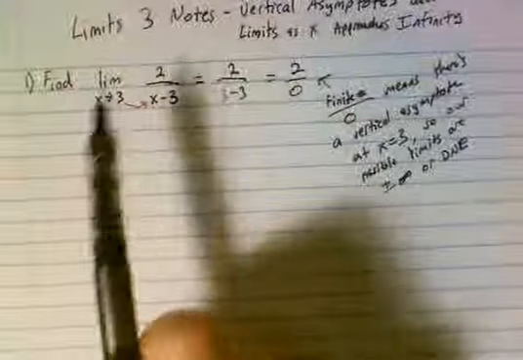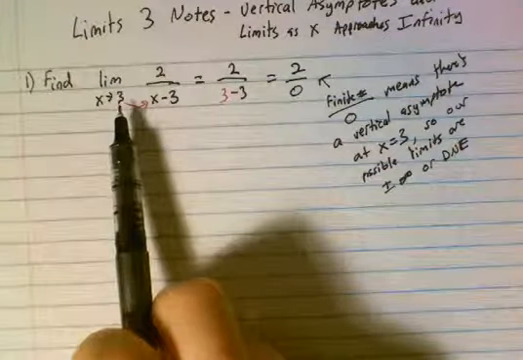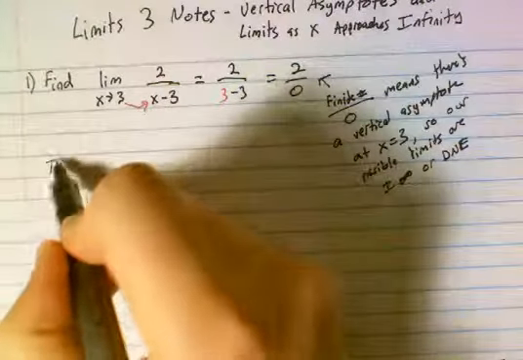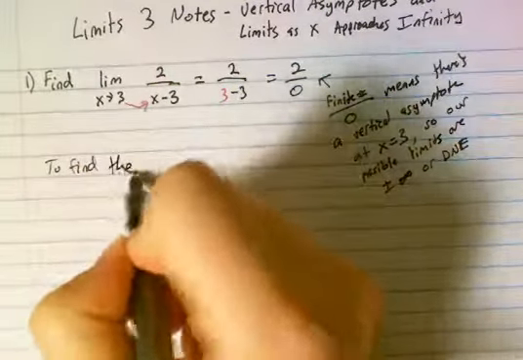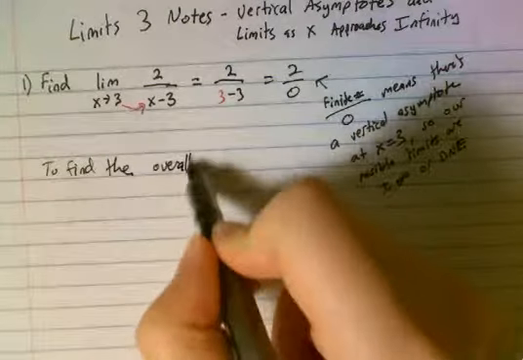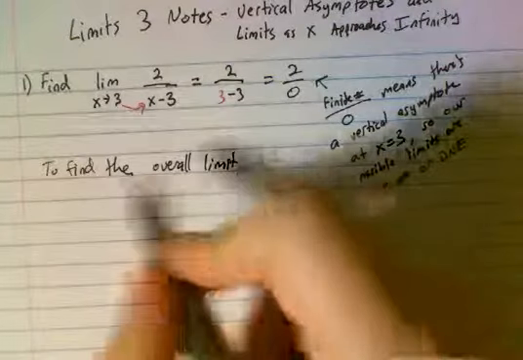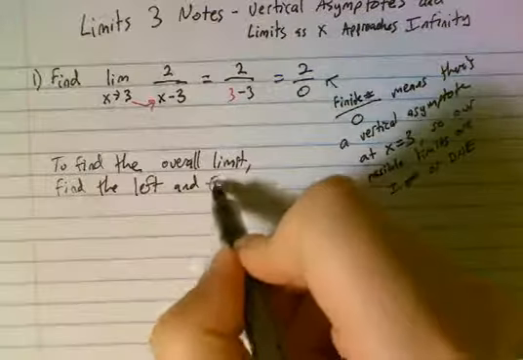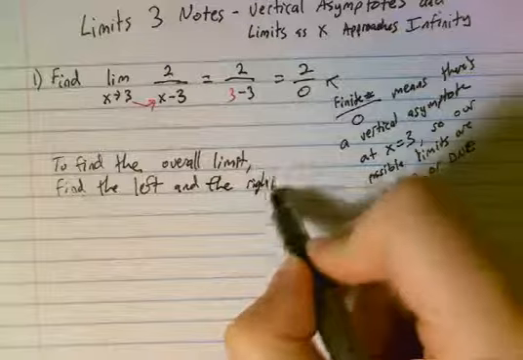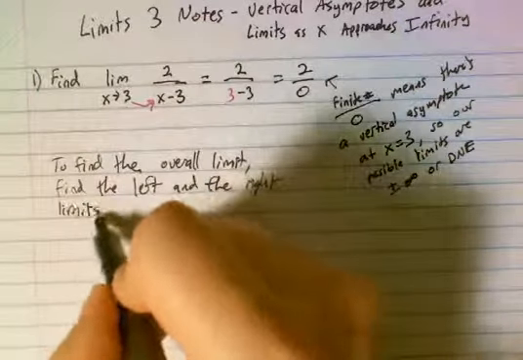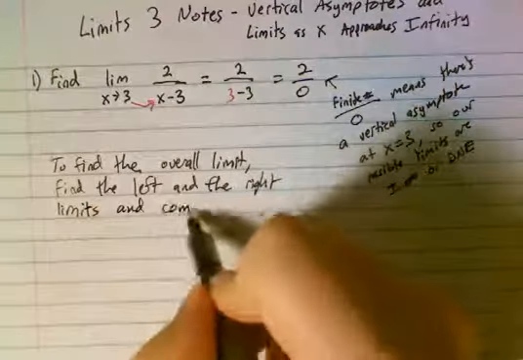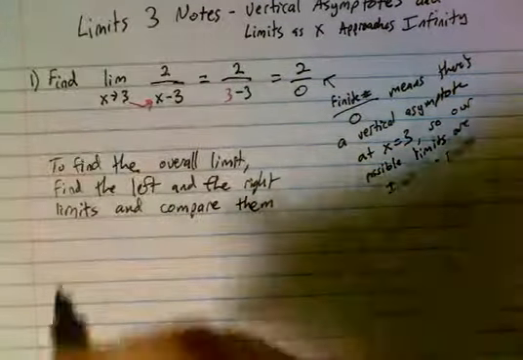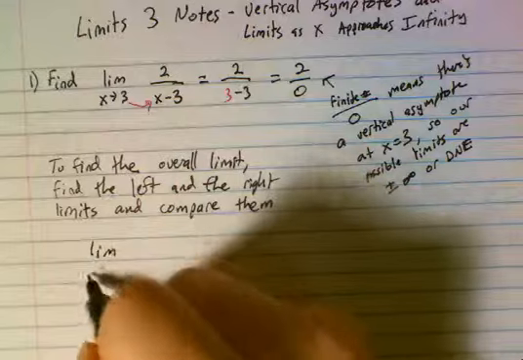So we're trying to find an overall limit. That means we have to find the left and the right limit, just like we have before. Let's start with the right limit.